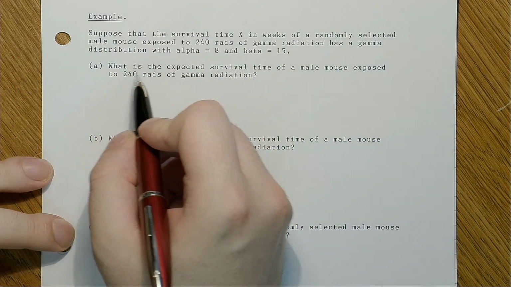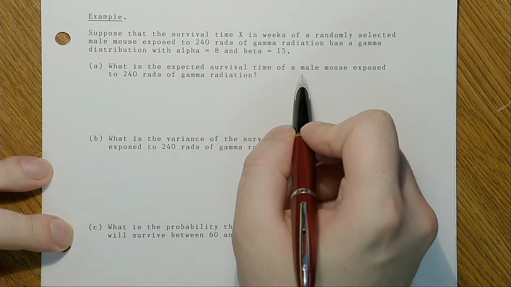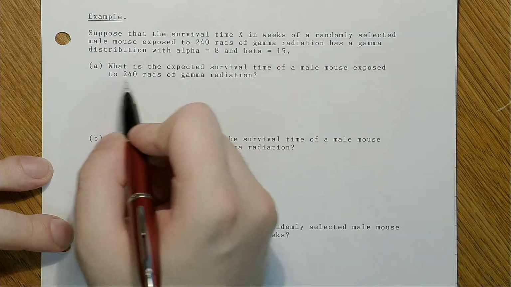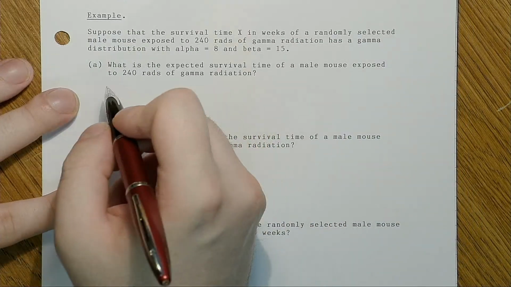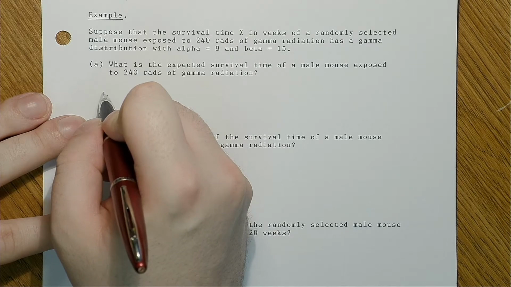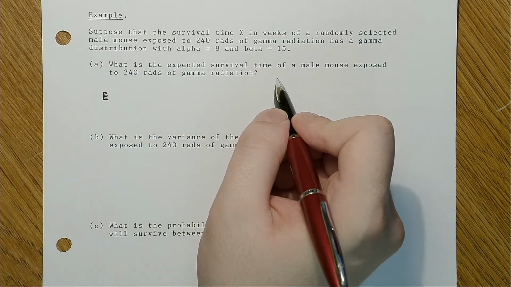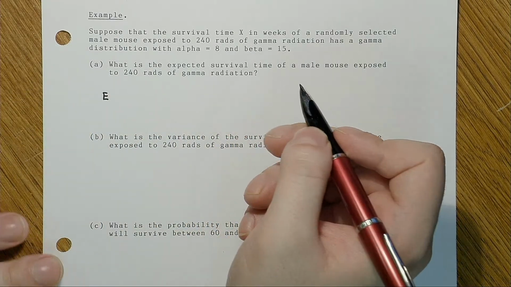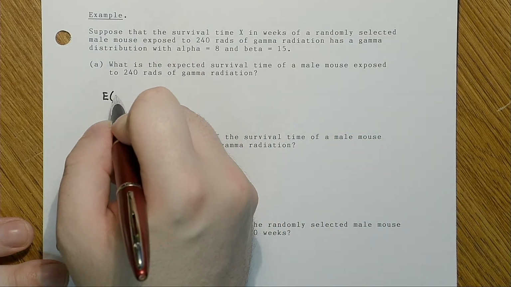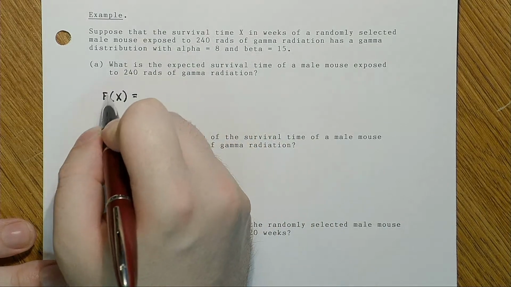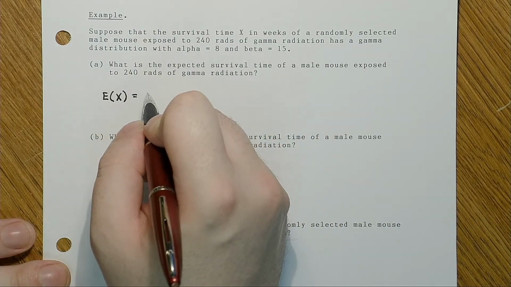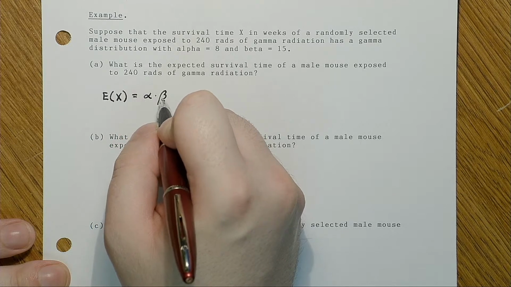So in this case, we're asked what is the expected survival rate of a male mouse exposed to 240 rads of gamma radiation. I'd like to point out it's the radiation that is killing the mouse, not the probability distribution. So the expected value is equal to alpha times beta.